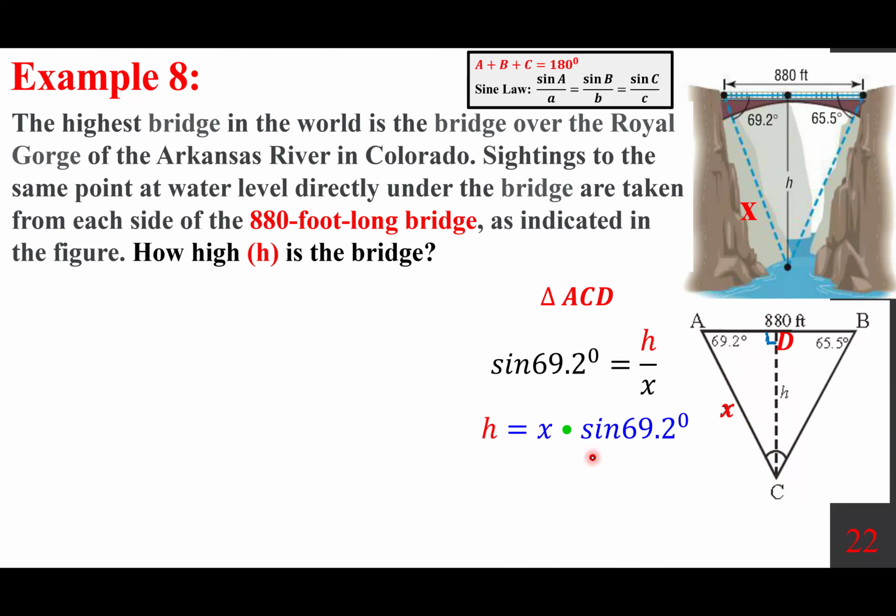So we need to find X. So to find X, we're going to go to the big one, ABC, and we say, okay, this is 69.2 degrees, this is 65.5 degrees. This must be 180 minus the sum of the two. So C, this angle, must be 180 minus the sum of these two angles.